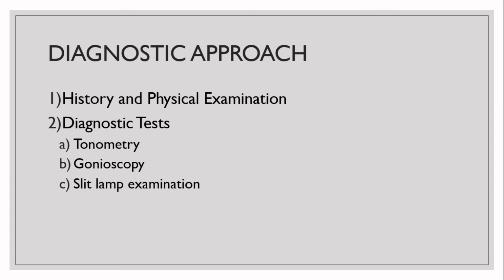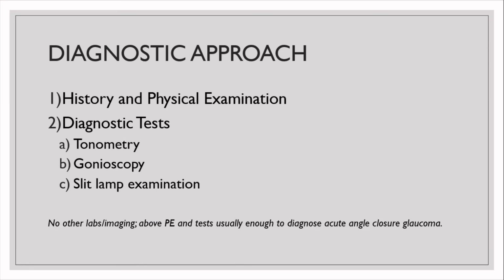We get to see the pathognomonic or some of the distinguishing characteristics of this condition, and gonioscopy specifically to actually view the angle. So aside from this, no other labs or imaging are usually necessary, because these are enough to diagnose acute angle closure glaucoma.